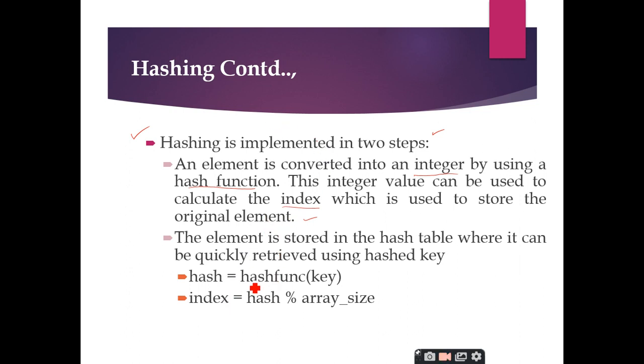So what does hash mean? This is the first step and this is the second step. In the first step, you have to create a hash function. We will discuss these hash functions in a short while, don't worry. So you first have to generate a hash value. The first step is generation of hash values.